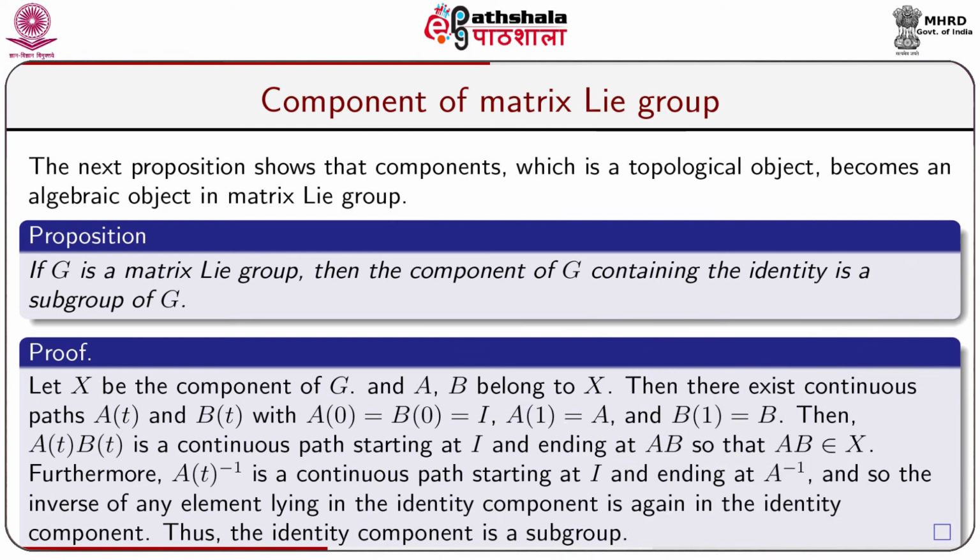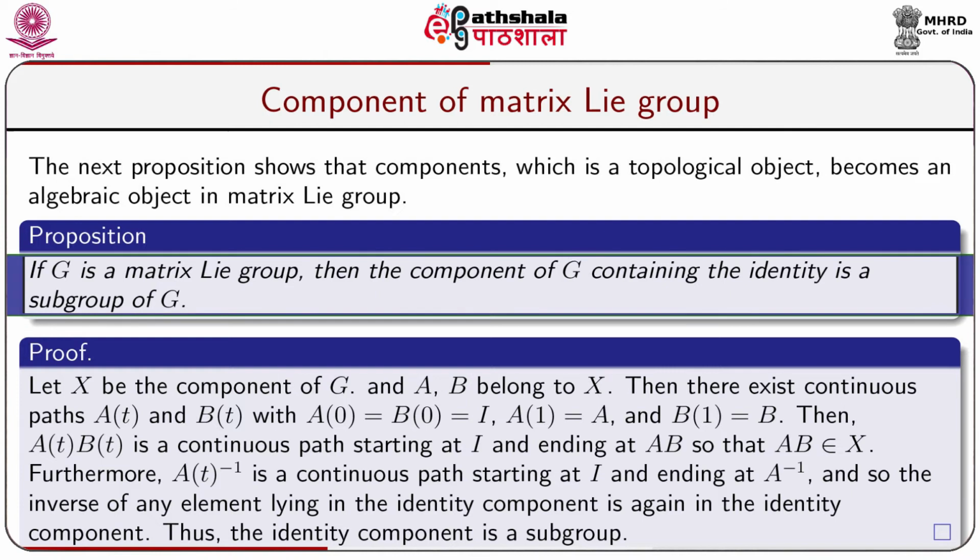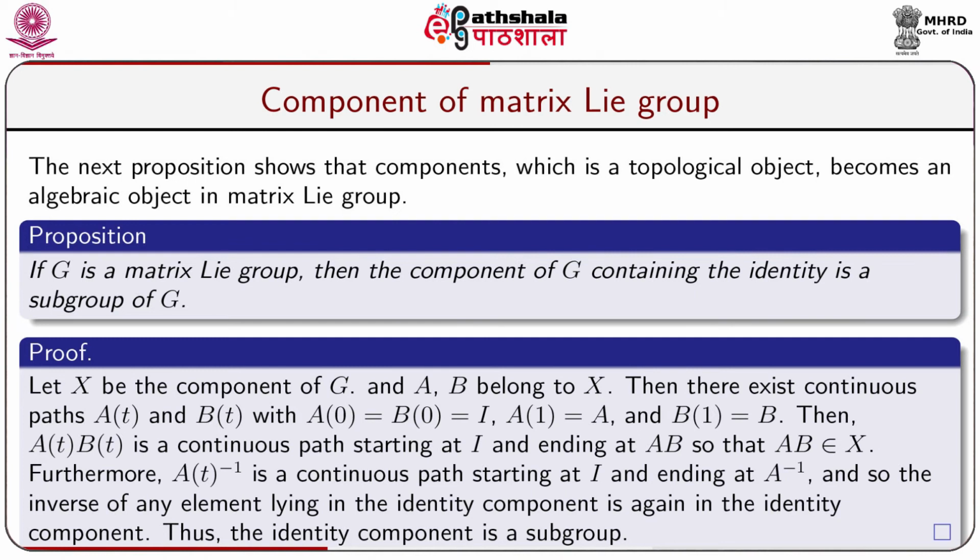Next, we shall prove a proposition about the component of a matrix Lie group. Let G be a matrix Lie group, then the component of G containing the identity is a subgroup of G. We already said that the topology we have considered here comes from the topology of C to the power n squared, or we can think of it as convergence.